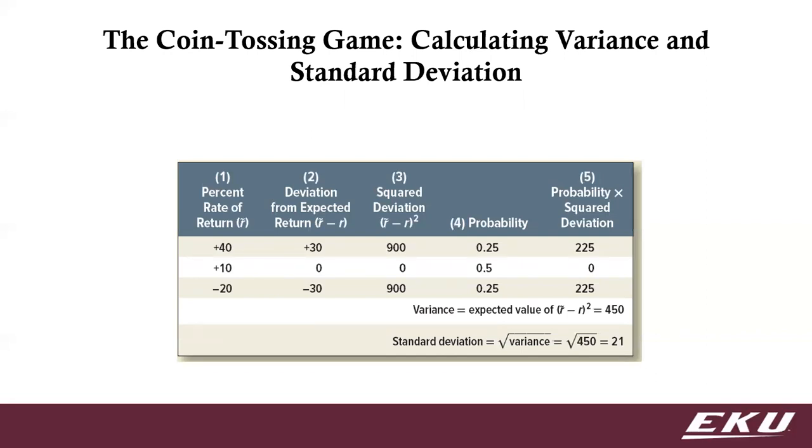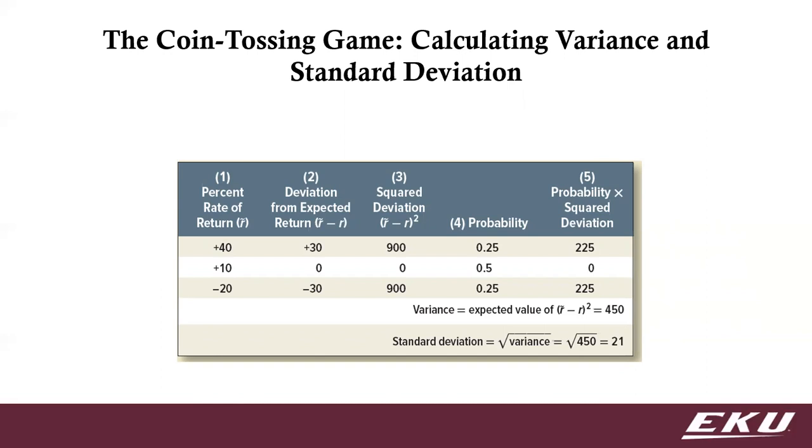Then what's the expected return? You add those up: 40 plus 10 is 50, minus 20 is 30. Then divide by 3, because there are 3 of those, and so your expected return is 10%.